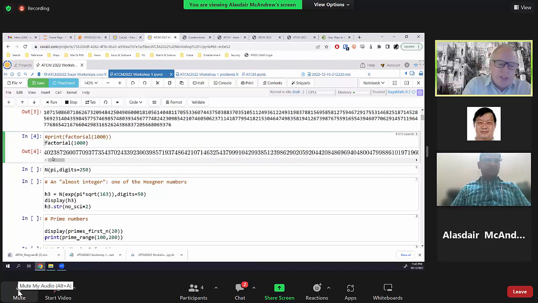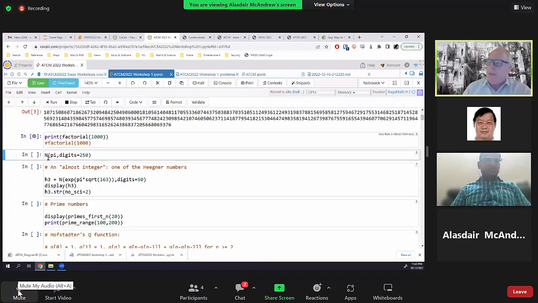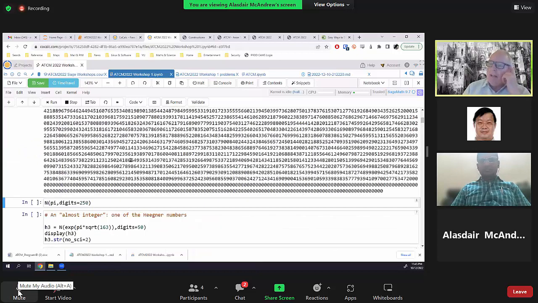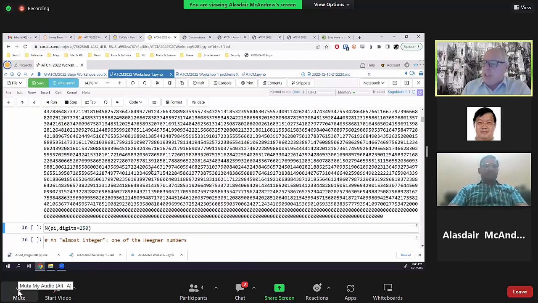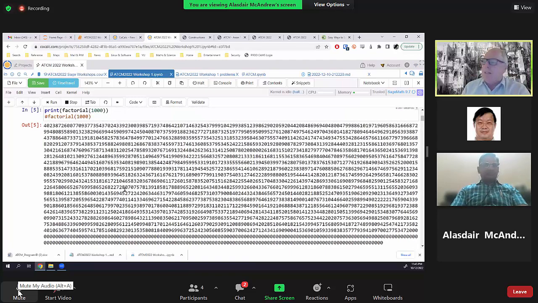But if, instead of just writing it, I print it, then we see the whole thing, factorial 1,000, in all its glory. And again, notice how fast it was. We really didn't have to wait too long. It was almost instantaneous, milliseconds. And I think you'll agree that it's a beautiful large number, a very handsome number.